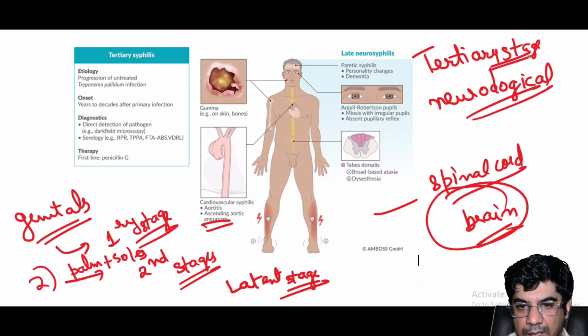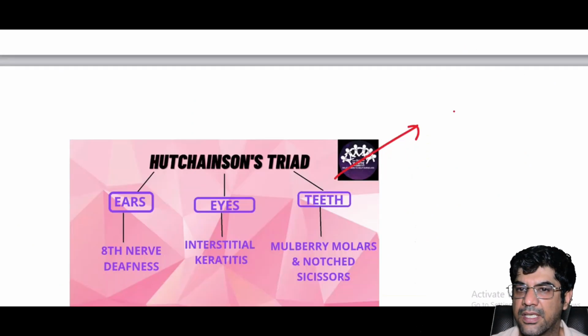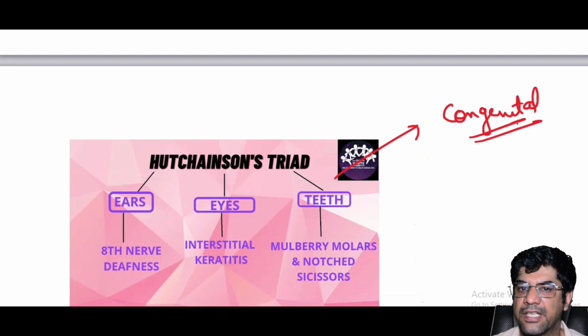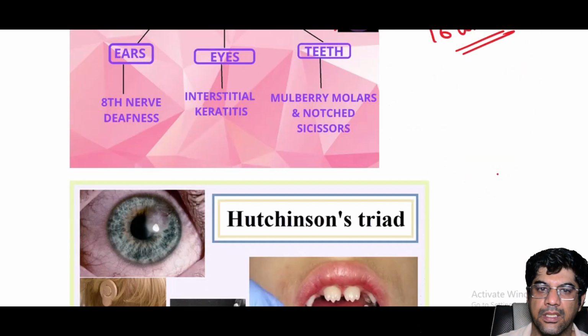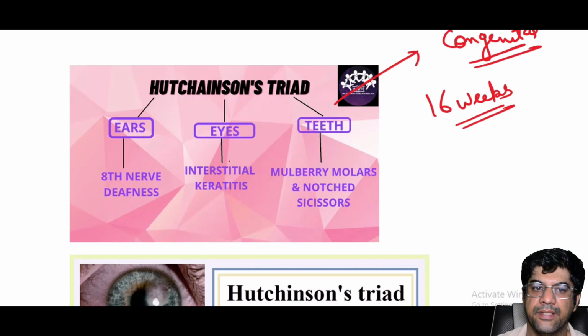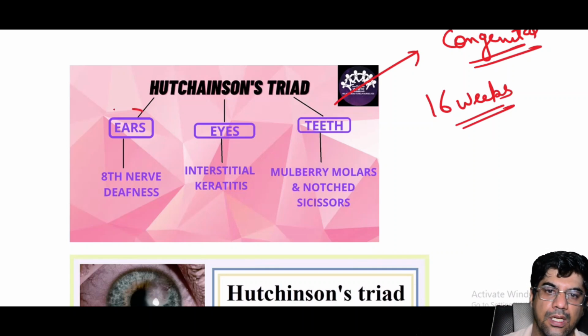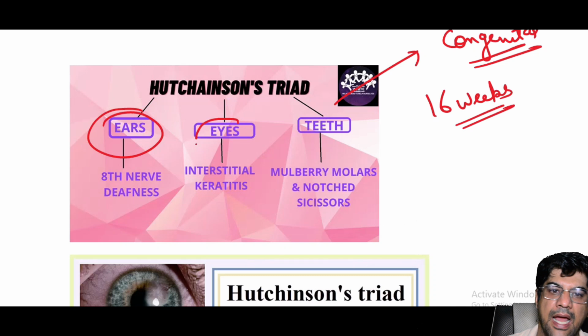So fantastic job. Now another syphilis is congenital syphilis. It occurs when the fetus is exposed to maternal spirochete after 16 weeks of gestation. So what are the major symptoms that you would see here? It is the Hutchinson triad. What is that? It involves ears, eyes, and teeth.